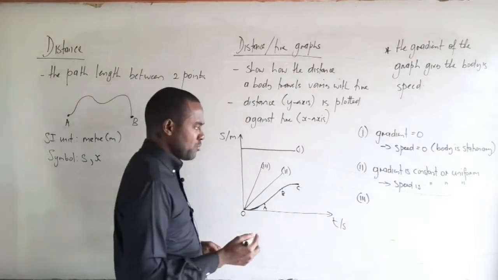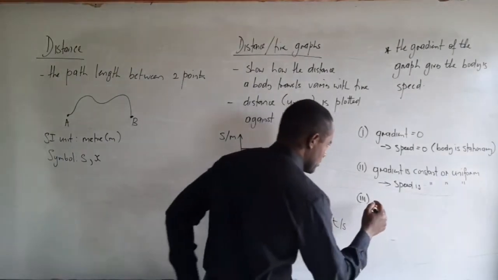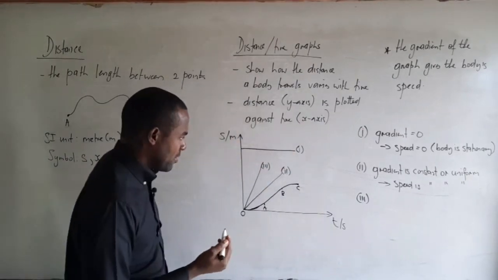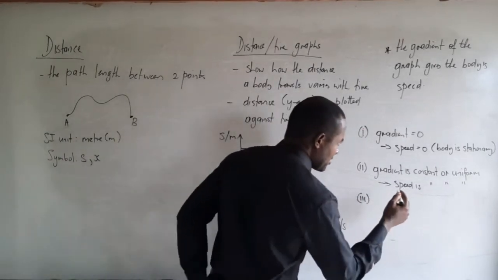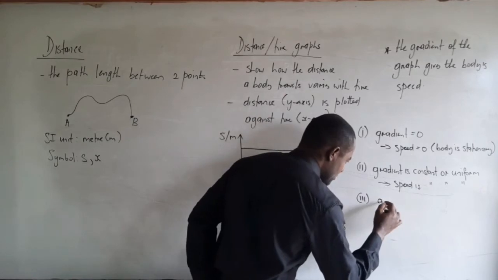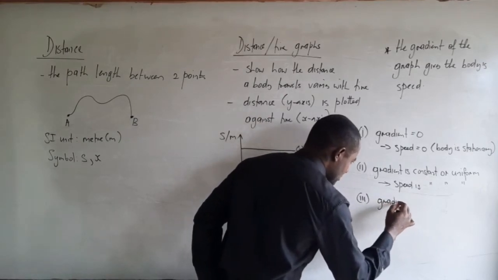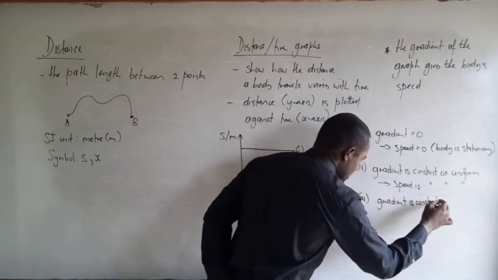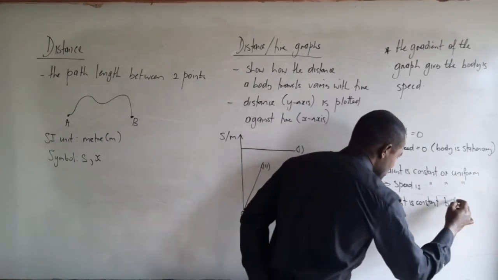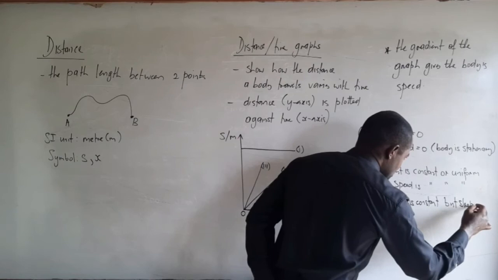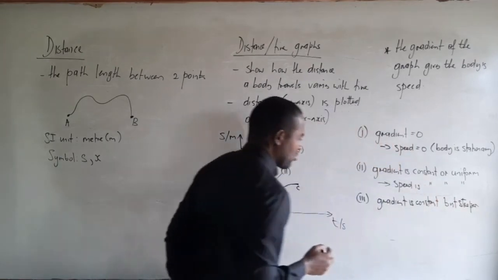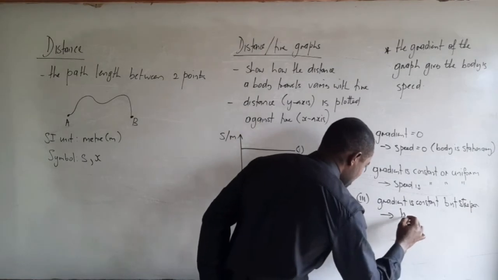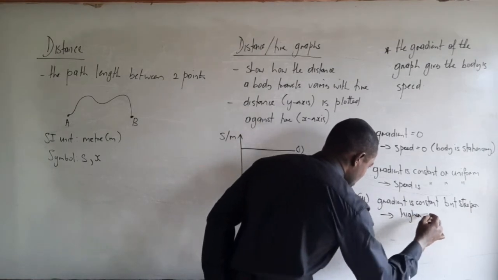So for graph 3, the gradient is constant but steeper than that in graph 2. Therefore this represents a higher constant speed.